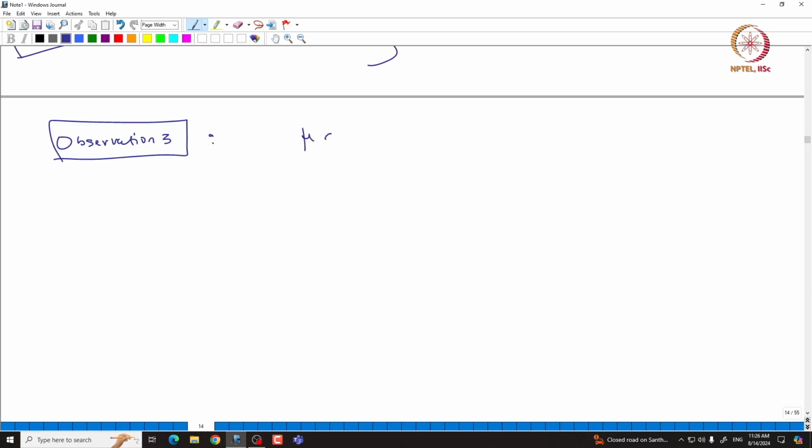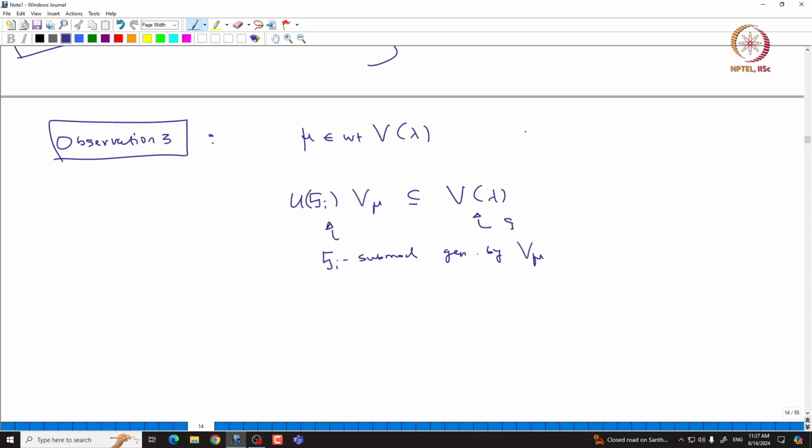So, now start with some weight mu of this V_lambda. Then consider this U(s_i) module generated by V_mu. Look at this SL2 submodule, or s_i submodule, again generated by V_mu, which is inside V_lambda, and this is also an s_i module.